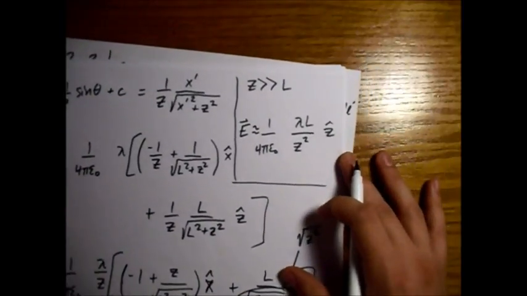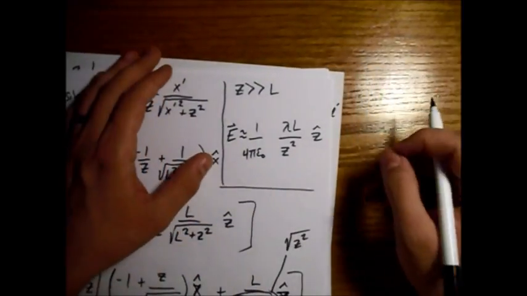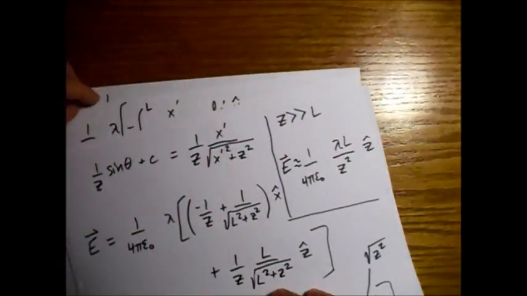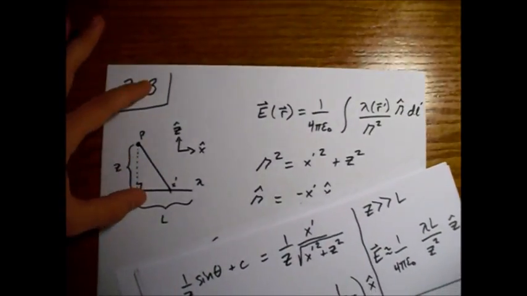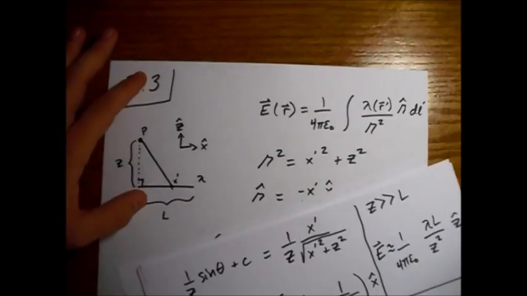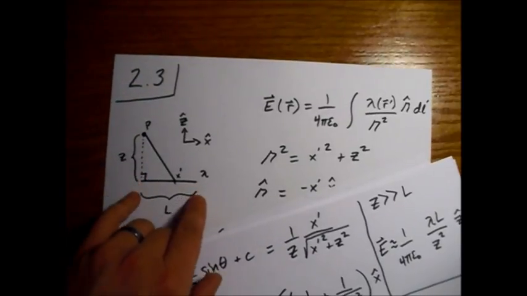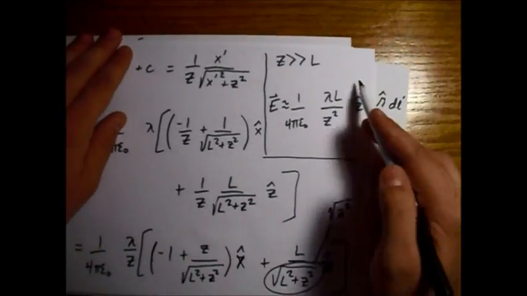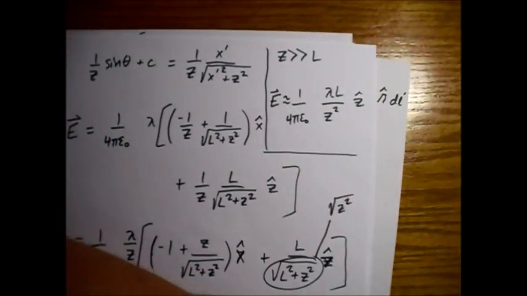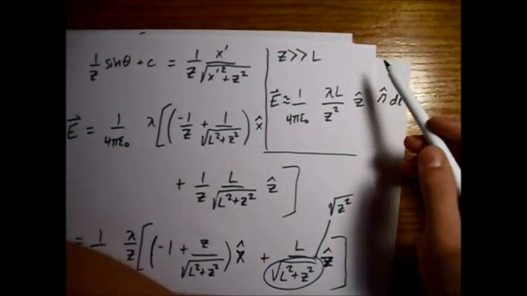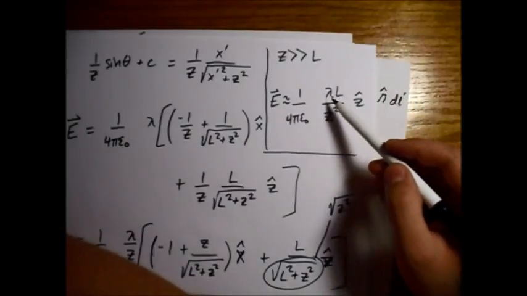So long story short, as we increase z to where we're far, far away from this line compared to the length of the line, this is the situation that we get. The field can still be very significant because we can make lambda as big as we want.